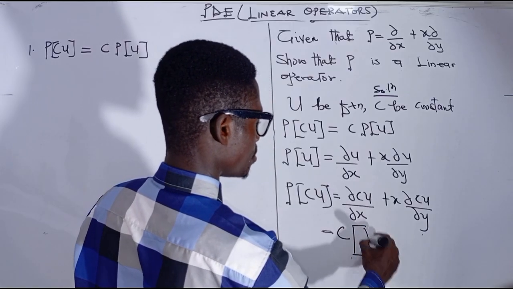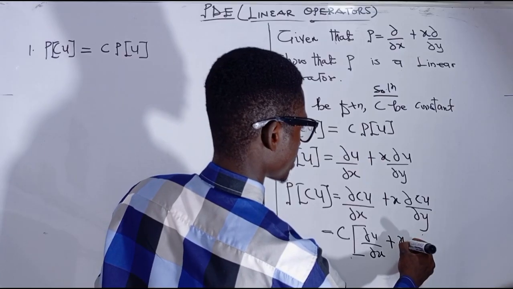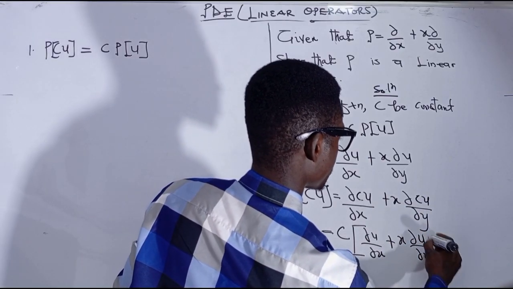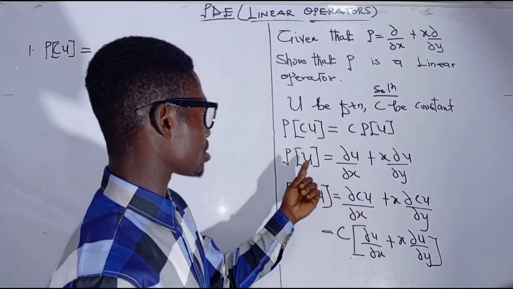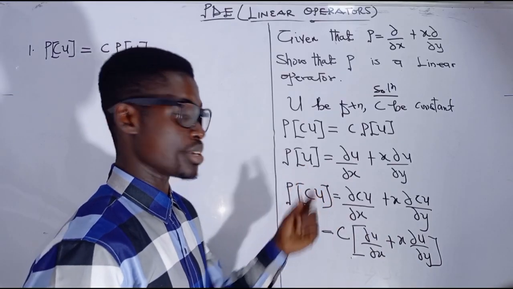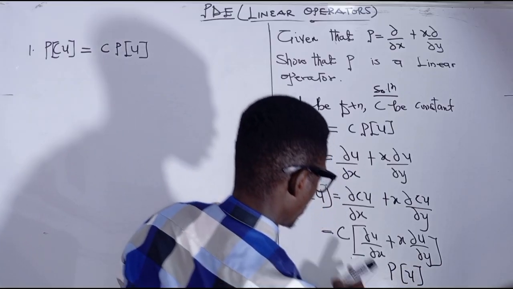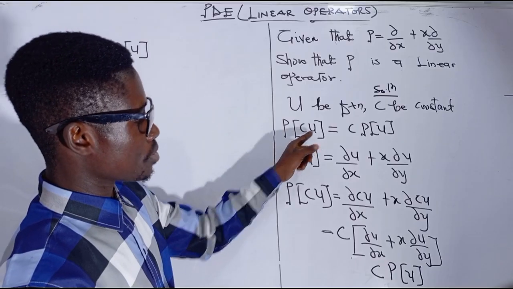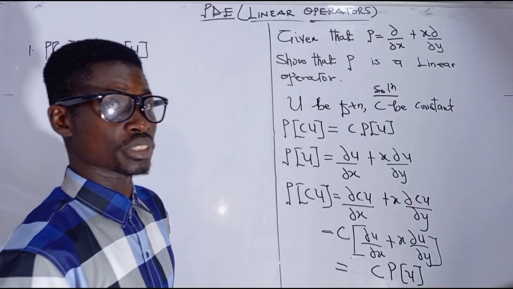We are left with what? ∂U/∂X. Then we have plus X. This is out, we are left with what? ∂U/∂Y. Now from here, you can see that what is in the brackets is the same as what? PU. So in place of this, we can replace it with P and then U. So we have P(CU) is equal to what? C P(U). So the first condition is satisfied.